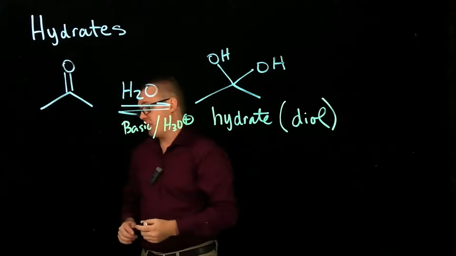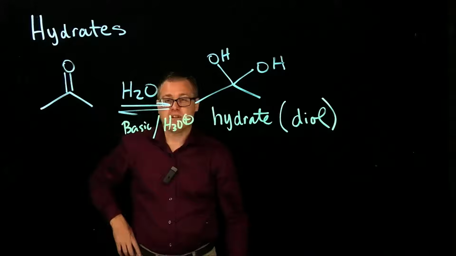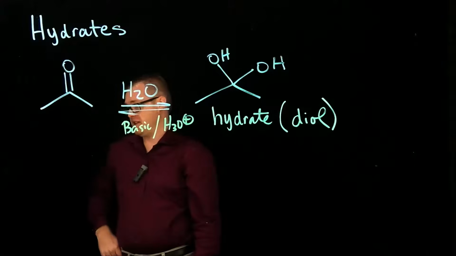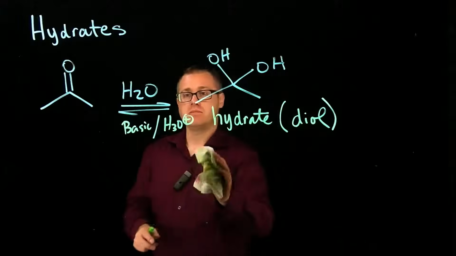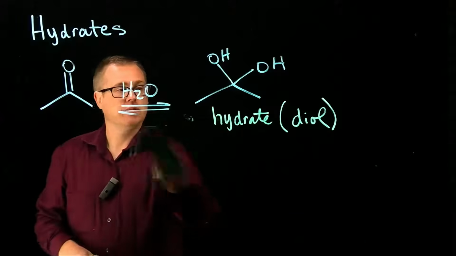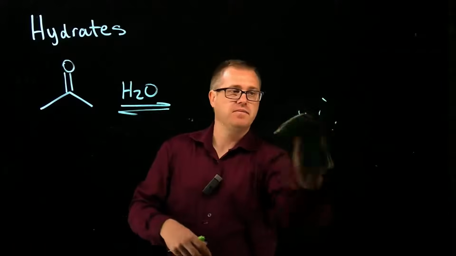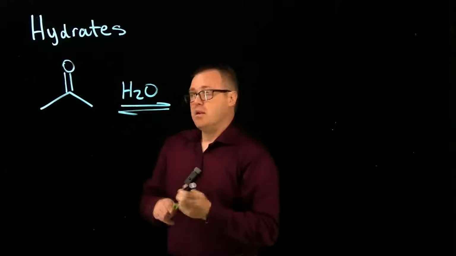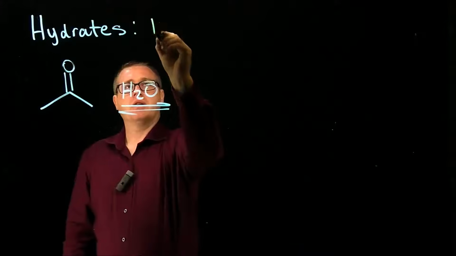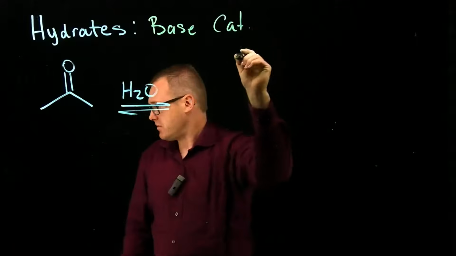So if we want to get that reaction to work, let's take a look at basic conditions. So what we are going to do, let's do the mechanism here. The reaction that we are going to call this is going to be base catalyzed hydration.